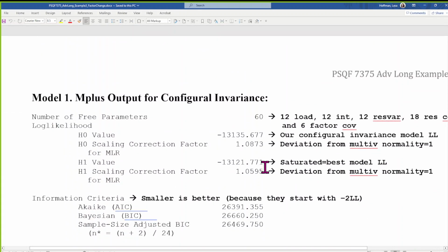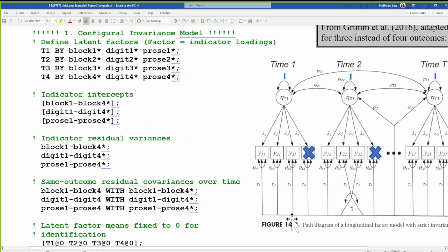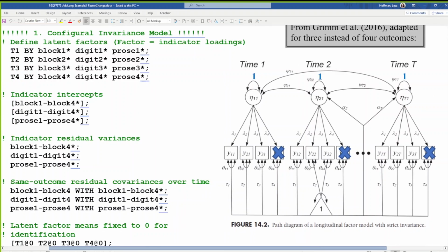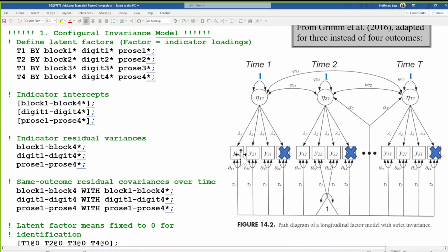One additional question, Lisa. In this case, what kind of structure are we using for the residuals? Unstructured? Not unstructured. The residuals for the outcomes from the same factor are uncorrelated. But the outcomes from different factors that are the same test over time do have a residual covariance. That's this chunk right here.